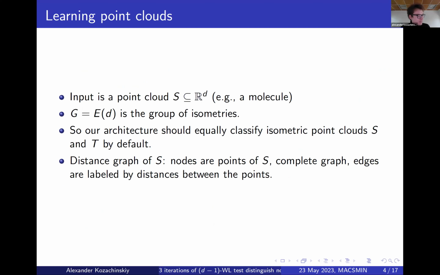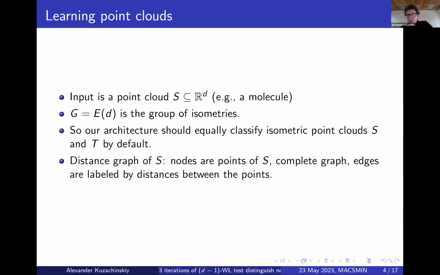Yes. So this is kind of a very standard thing now, but recently people asked the following question. The natural, similar problem of this kind is when we want to learn something where our input is just a finite set of points in R^d.